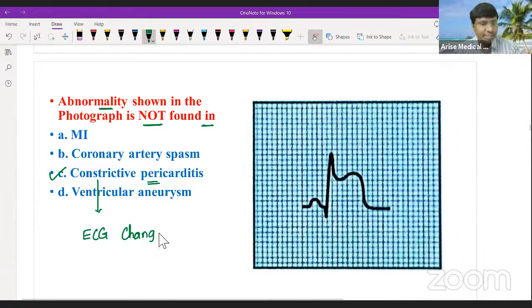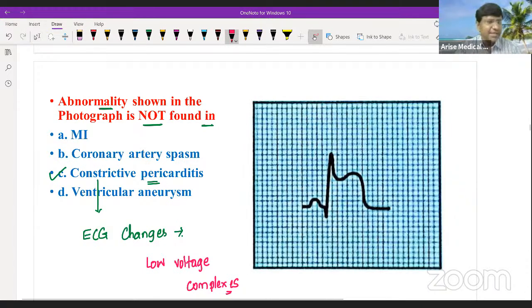If you take the ECG changes in constrictive pericarditis, you will have the presence of low voltage complexes. That is what you will have in case of constrictive pericarditis.